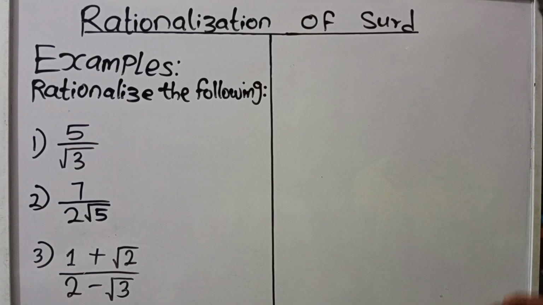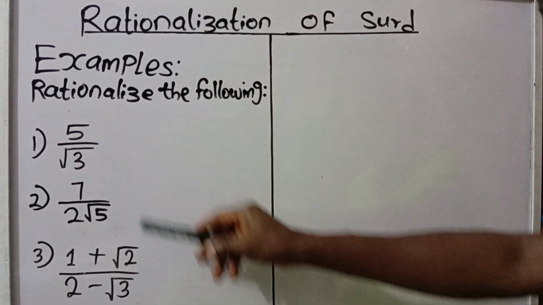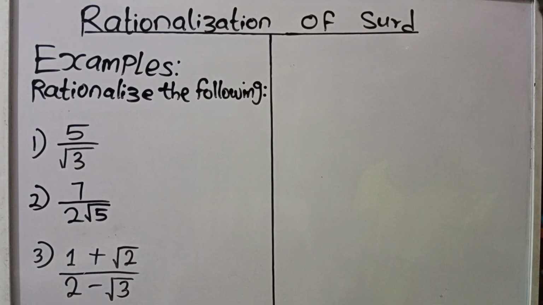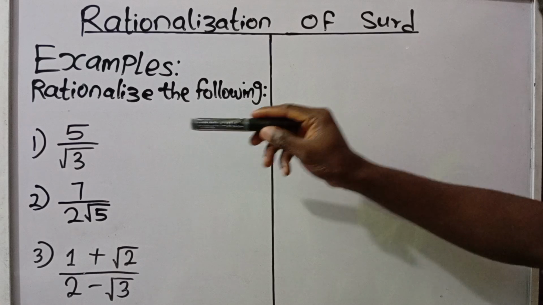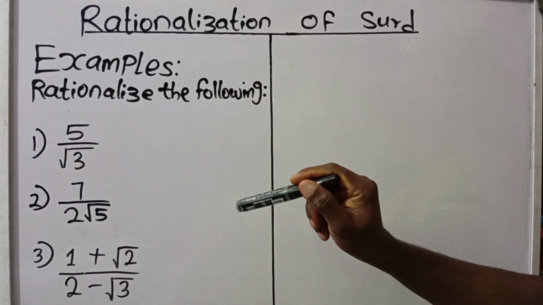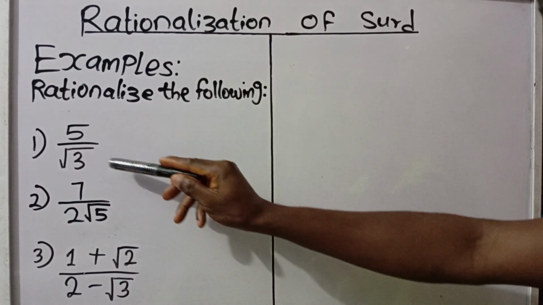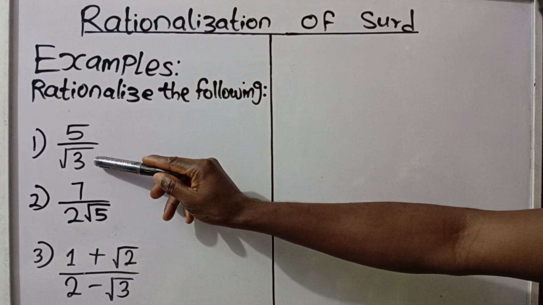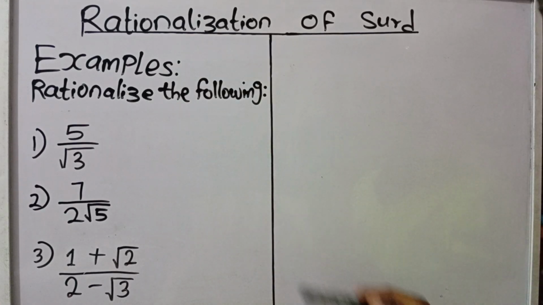All right, so to rationalize a surd, we go with a certain question that is presented in the form of a fraction. When a question is presented in the form of a fraction and the denominator of that particular fraction is a surd, in that sense, you can be asked to rationalize the surd.